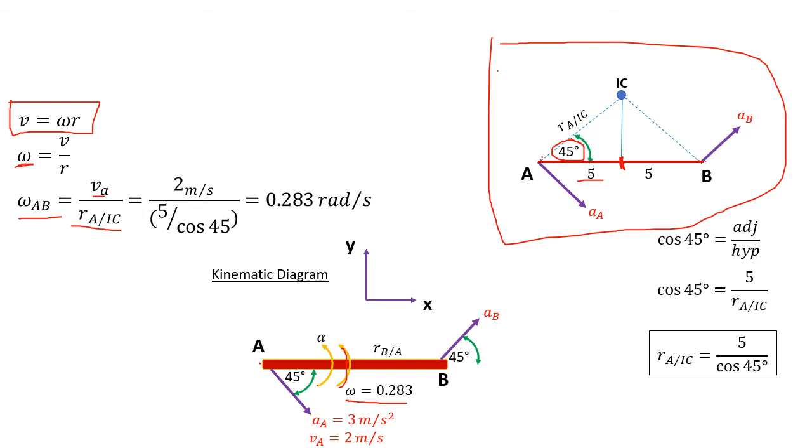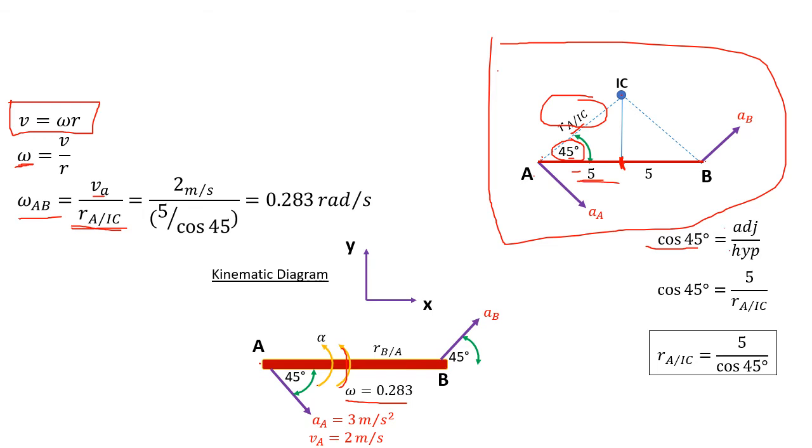So from this here, it's just a little bit of simple trig. I have my angle, I have my adjacent, and I have my hypotenuse over here. So if I want to find this hypotenuse from A to my IC, which I need for this equation over here, I can say the cosine of 45 is equal to my adjacent over my hypotenuse. Now I can plug in for that.